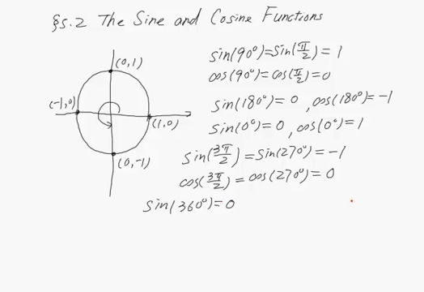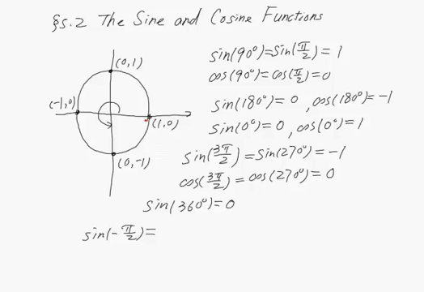Now, let's look at the sine and cosine of negative angles. So how about the sine of negative pi over 2? Zero, 1, or negative 1?